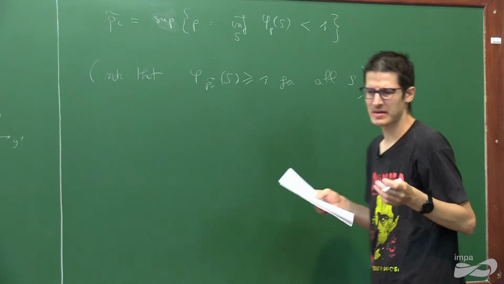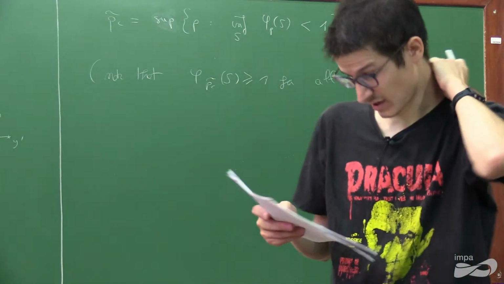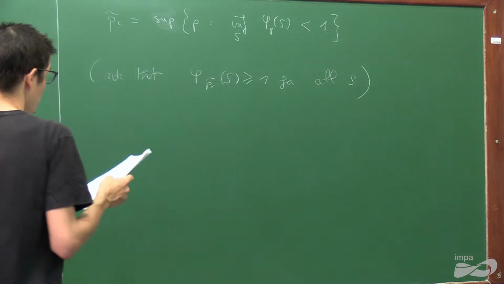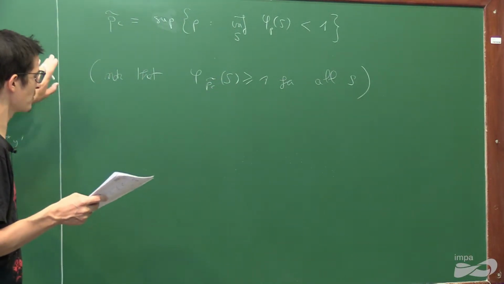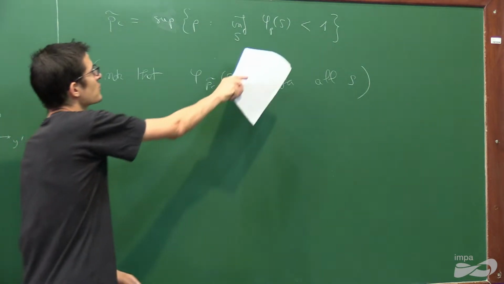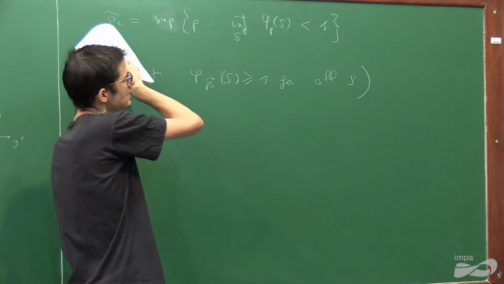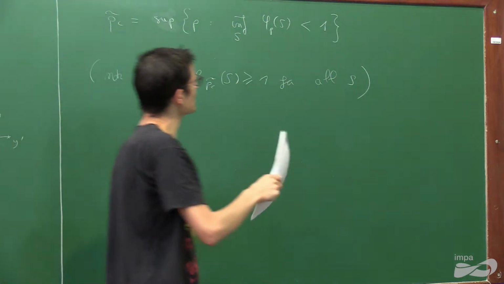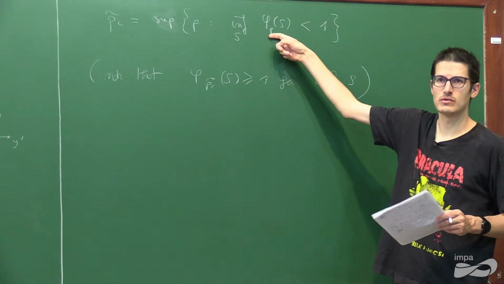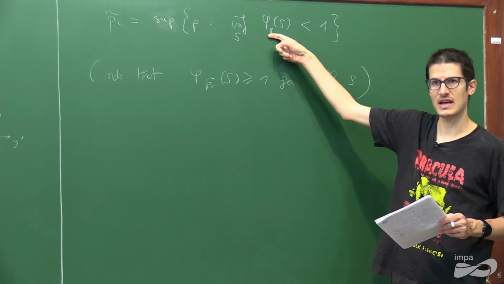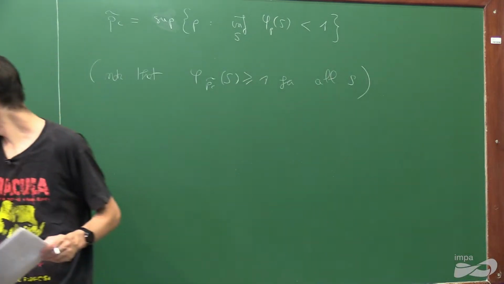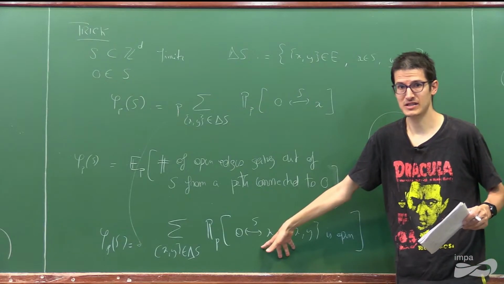An observation which will be relevant for some other remark in the lesson is that actually this doesn't occur at p̃_c, because this thing is a continuous function of p, for any fixed S. It's just a polynomial in p, because this is an event that depends on finitely many edges.